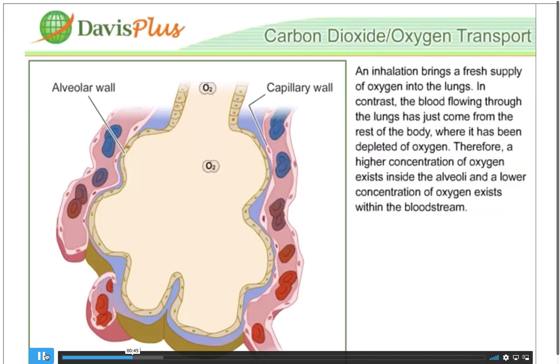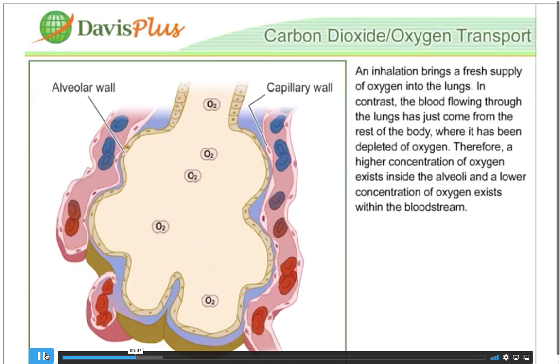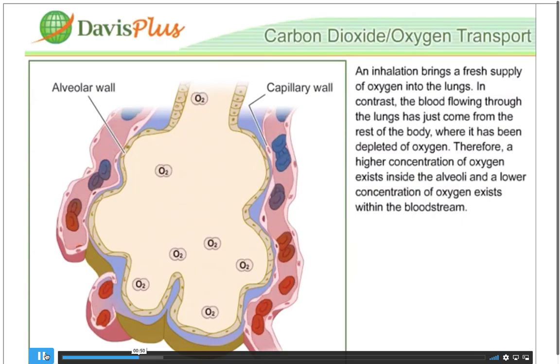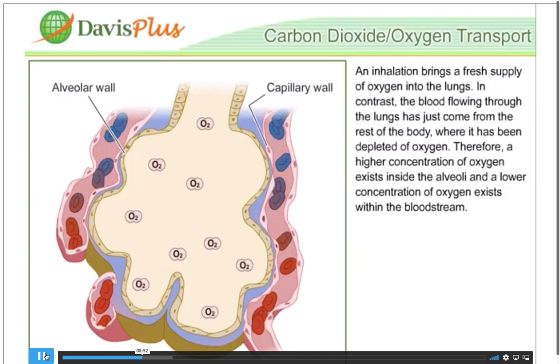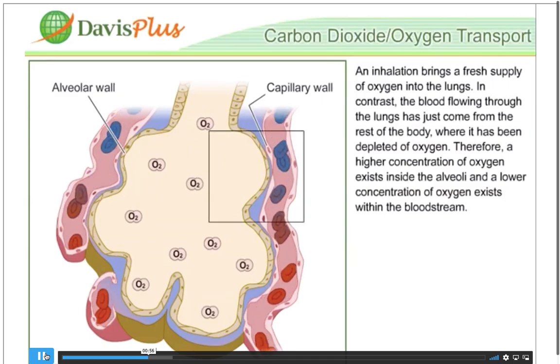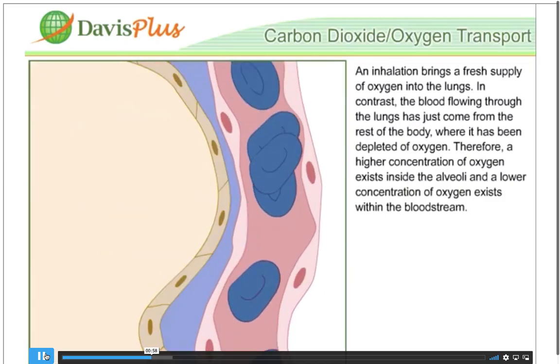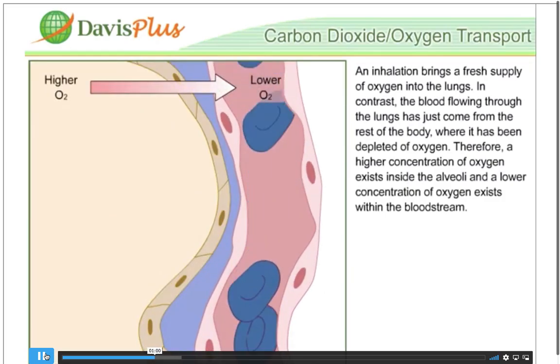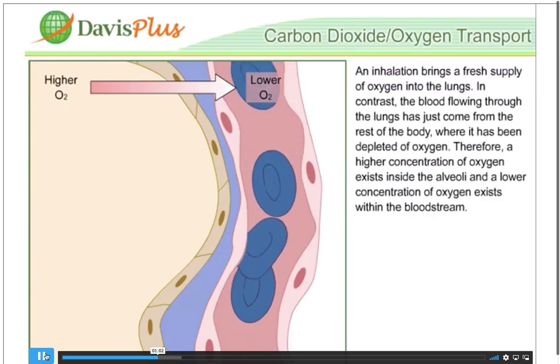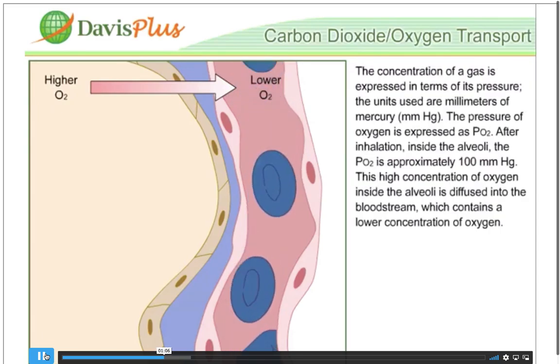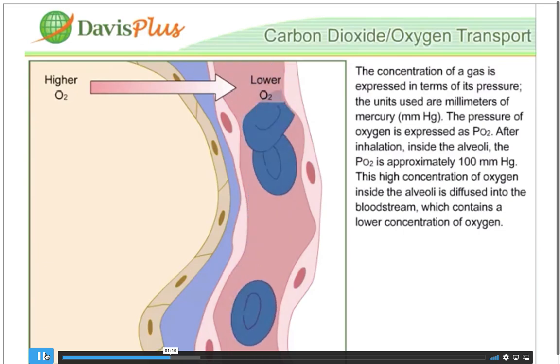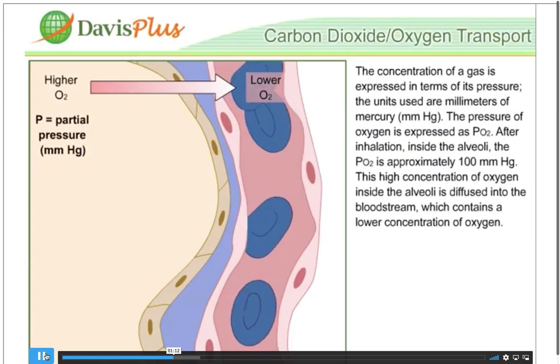An inhalation brings a fresh supply of oxygen into the lungs. In contrast, the blood flowing through the lungs has just come from the rest of the body, where it's been depleted of oxygen. Therefore, a higher concentration of oxygen exists inside the alveoli, and a lower concentration of oxygen exists within the bloodstream. The concentration of a gas is expressed in terms of its pressure. The units used are millimeters of mercury, or millimeters Hg.